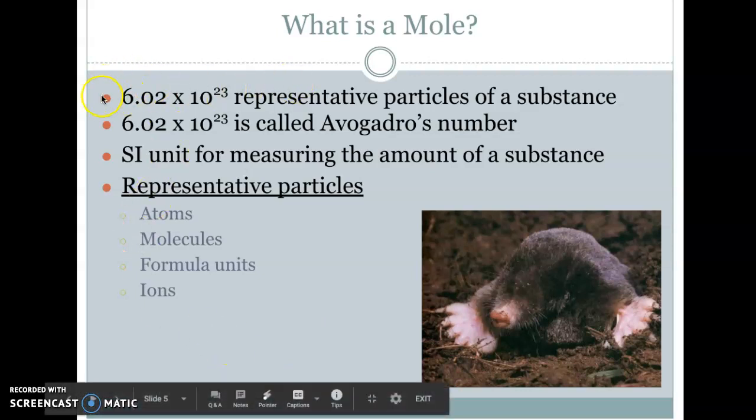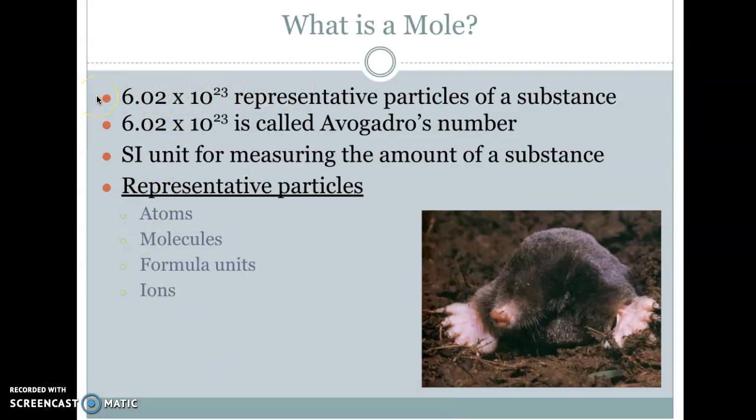A mole is defined as 6.02 times 10 to the 23rd representative particles of a substance. That number is also called Avogadro's number, so you'll hear it referred to that way every once in a while. The mole is an SI unit for measuring the amount of a substance. Representative particles are the smallest part of something that is still considered that thing.